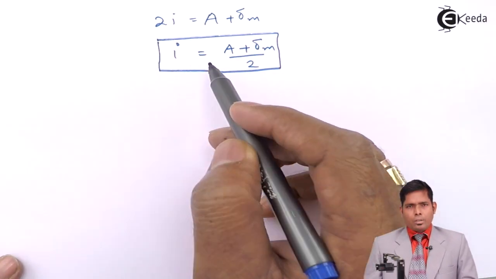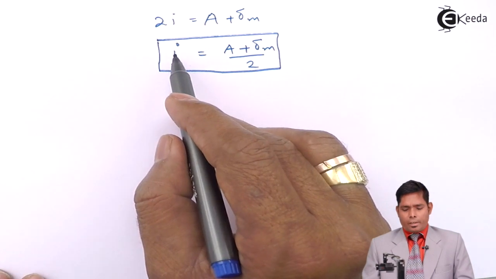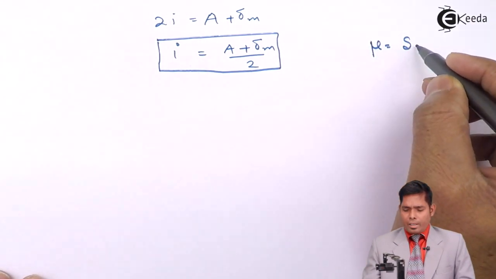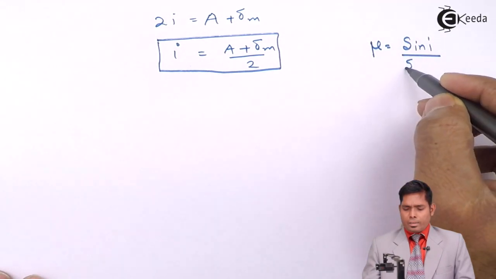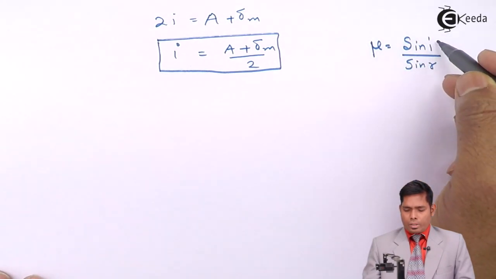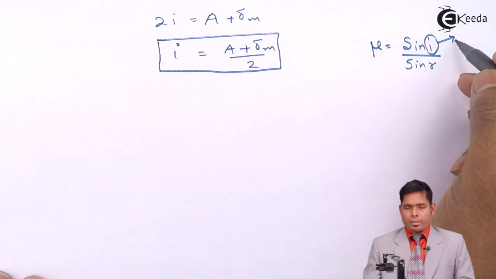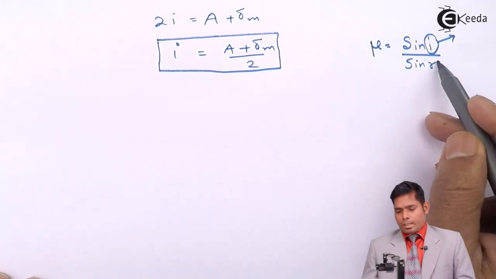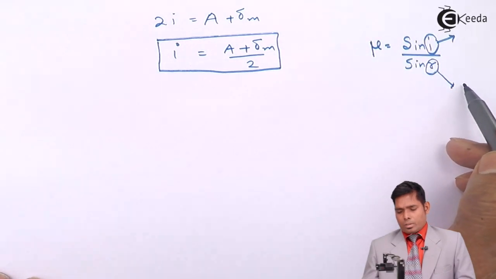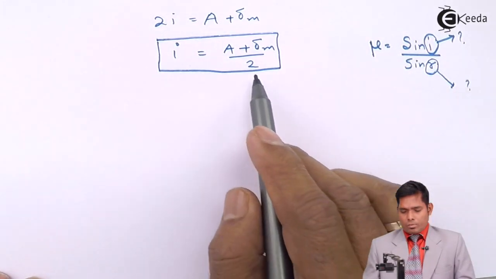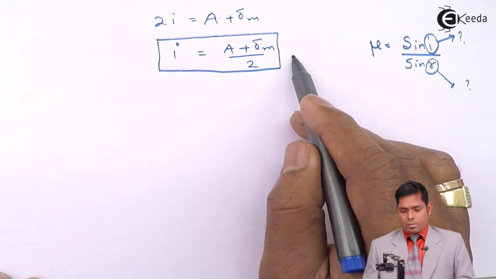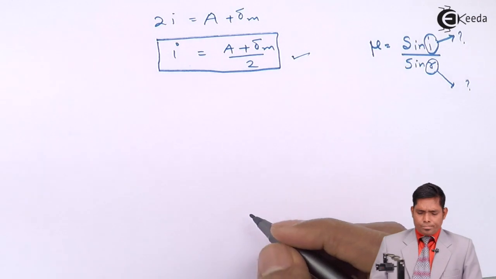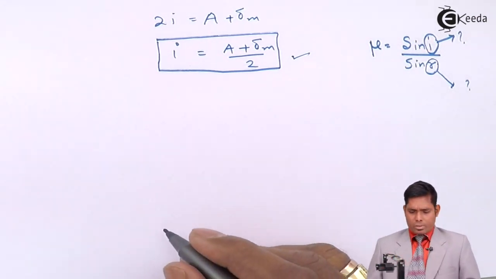We were looking for this I in mu equals sin I upon sin R. We are supposed to remove this I with this value. Similarly, A should be replaced in some terms. So this is what we first got here. Okay, this is the equation. Now think of the earlier equations.